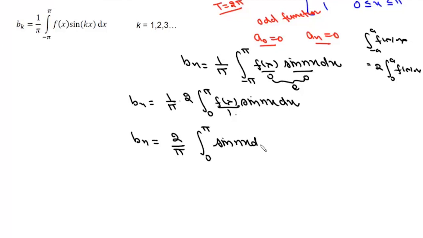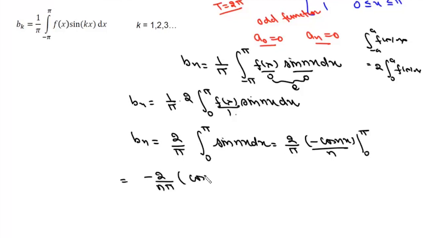sine nx dx. Now we integrate this function. Integral of sine nx is minus cos nx upon n from 0 to pi. So it will be minus 2 upon n pi, and then cos n pi minus 1. Now we know that value of cos n pi will be plus 1 when n is even, and will be minus 1 when n is odd.